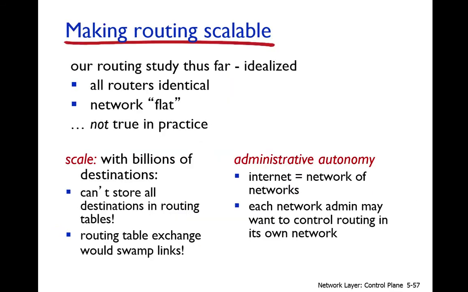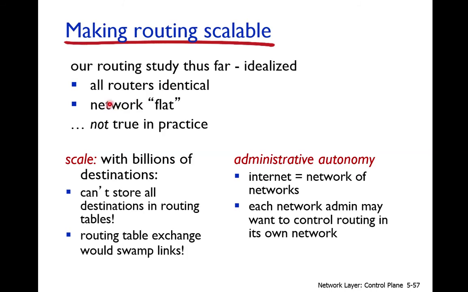Okay, now it basically leads to a hierarchical structure. So far we had discussed the link state routing protocol and distance vector routing protocol, and we were assuming that all routers are identical. One router can access another router.